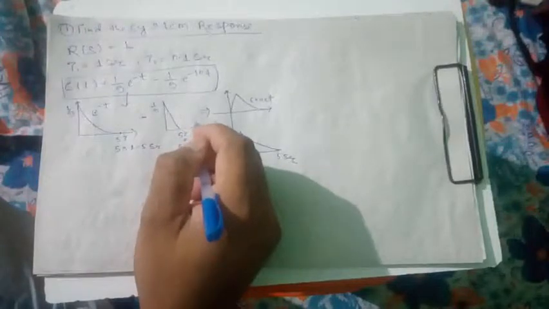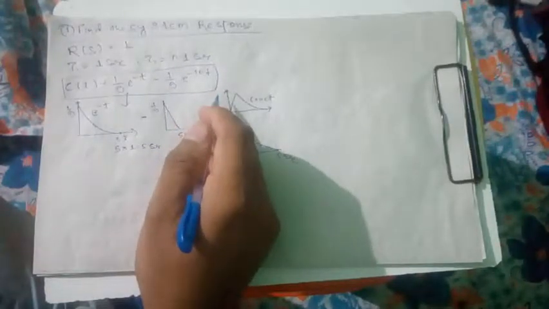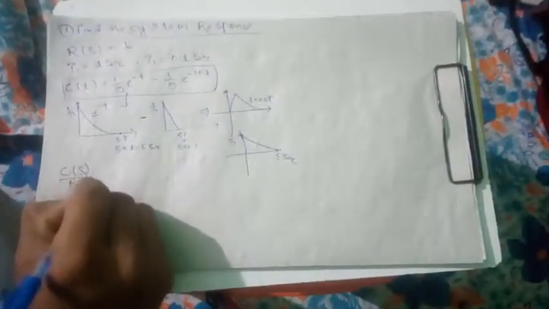But we should not neglect this insignificant pole, otherwise the game changes. So now we know that C(s) by R(s) equals 1 by (s plus 1)(s plus 10).